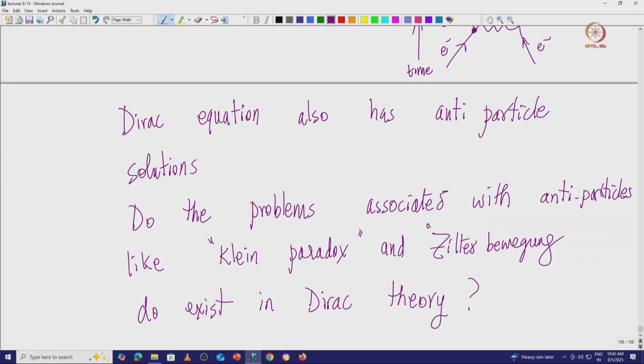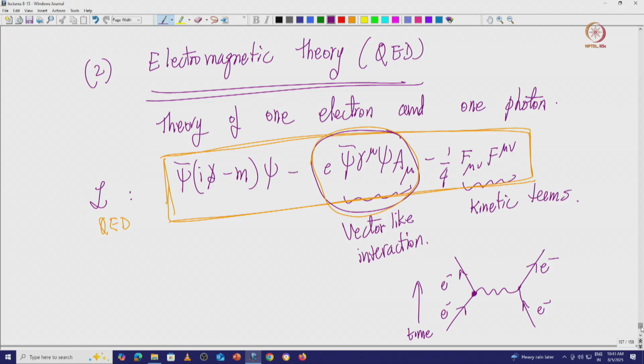Now remember, both the Klein paradox and Zitterbewegung are associated with treating potentials as non-relativistic potentials in a relativistic theory, so if you introduce a step-like potential. Compared to this, here we introduced the photon field in a completely relativistic picture.